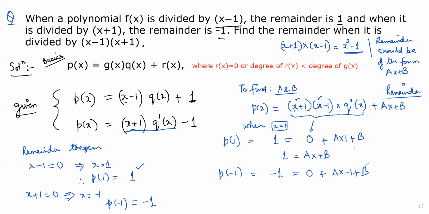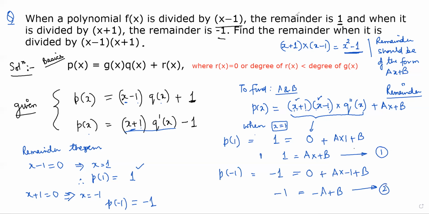So here comes the result, -1 is equal to -a plus b. So these are the two things which we wanted to know. Let us say this is equation number 1, and this is equation number 2.